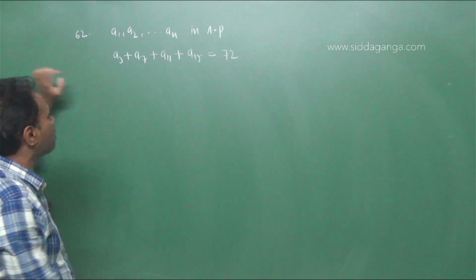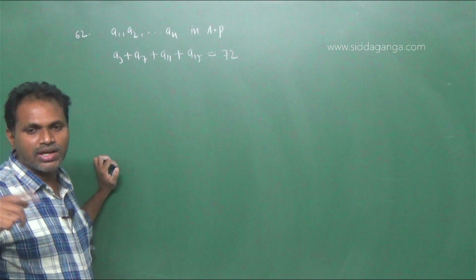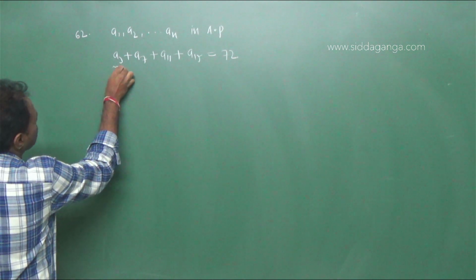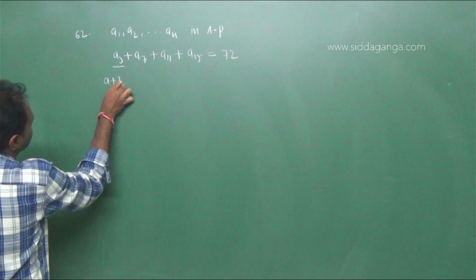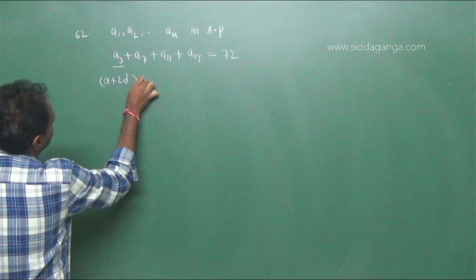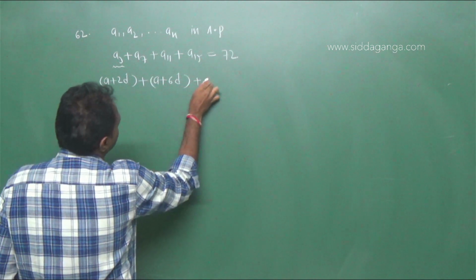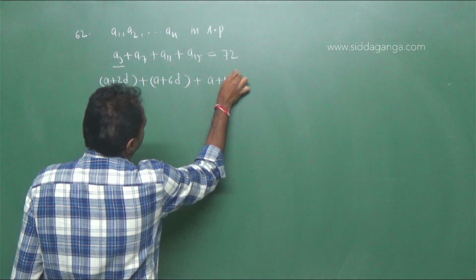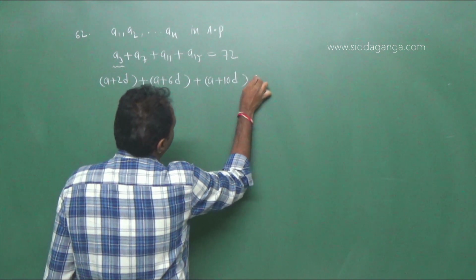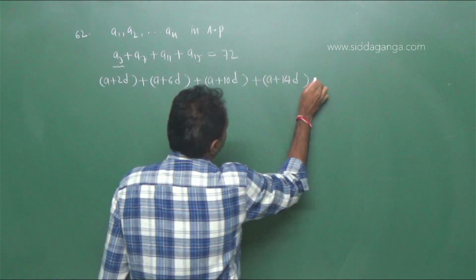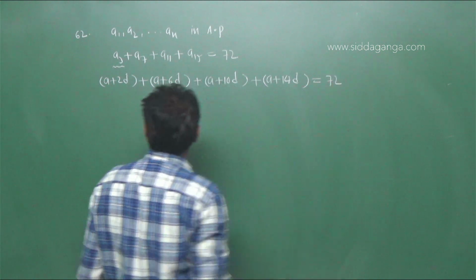The first term is a, the second term is a plus d, and the third term is a plus 2d. The seventh term is a plus 6d, the 11th term is a plus 10d, and the 15th term is a plus 14d, and the sum equals 72.